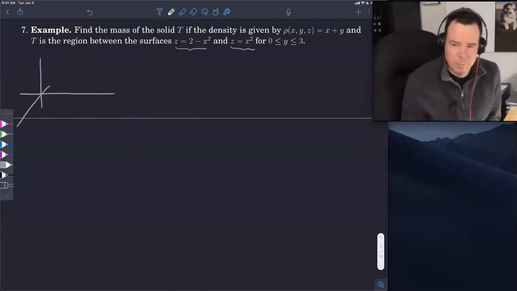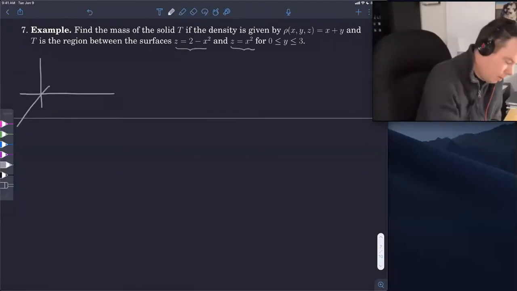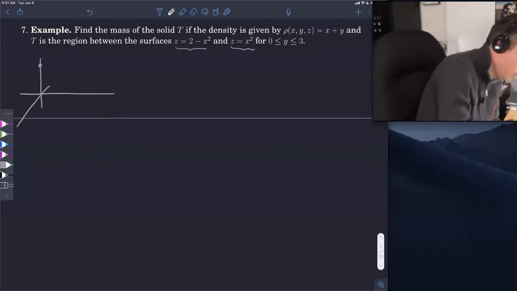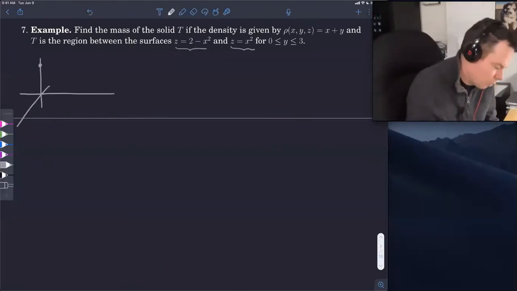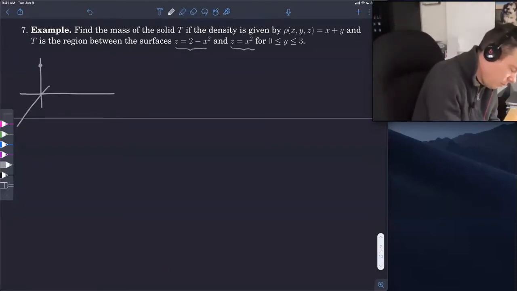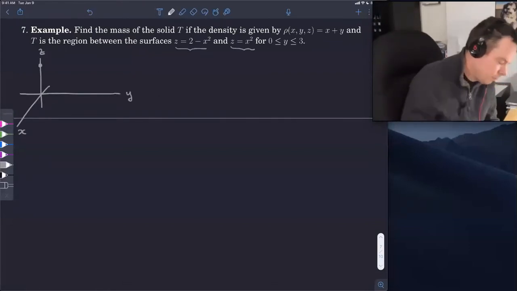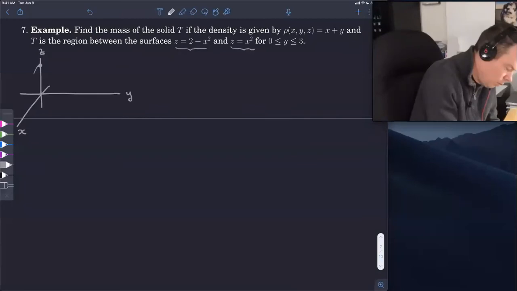So this is a parabola that's opening downwards and has a z value of 2, highest value. So there's our z axis, and there's our x axis, and there's our y. So we've got a z value of 2, so it looks something like this.